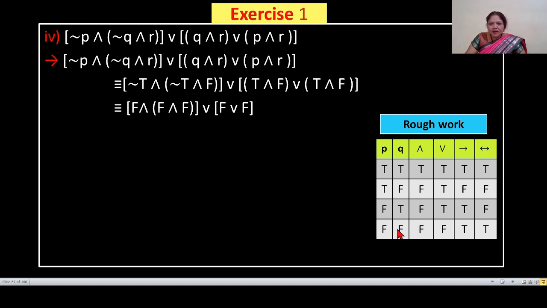Conjunction, F and F is F. Disjunction, F or F is F. Therefore, F as it is, F and F is F, or as it is, F or F is F. We know that conjunction F and F is F. Therefore, we write F and F is F, or F as it is. And in disjunction, F or F is F.